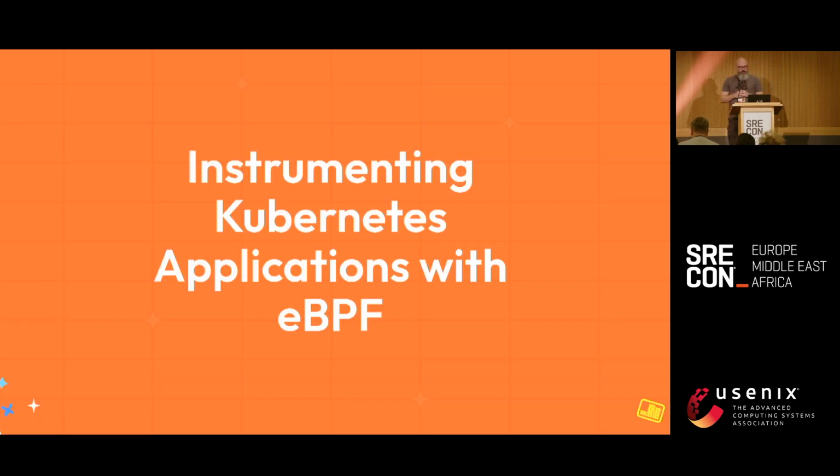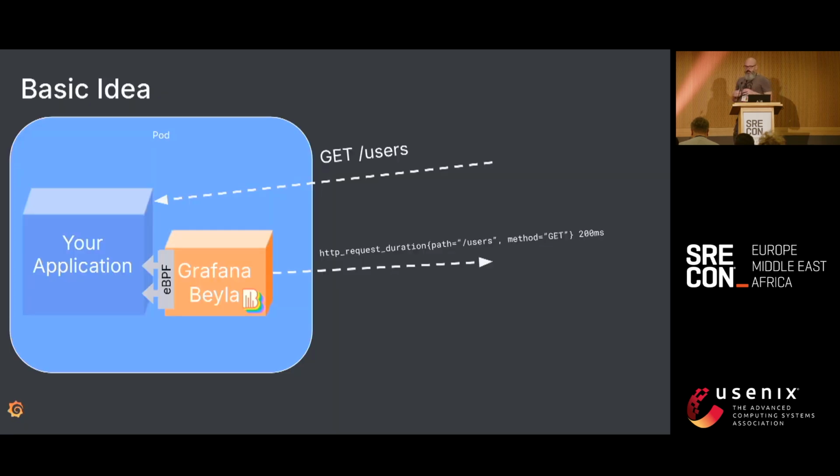Okay. Now that we've seen what eBPF is, how do we make all of this work in the Kubernetes environment? So let's get the basic idea of Beyla running in Kubernetes. In this case, we have Beyla running as a sidecar container, so it's attached to the application running in our pod. We have a request, which is get users, that goes to our application.